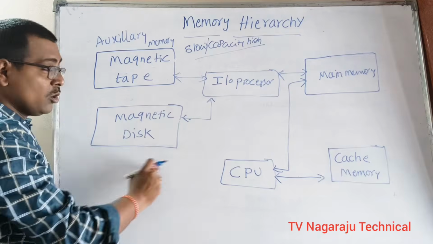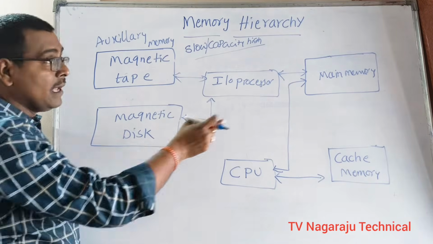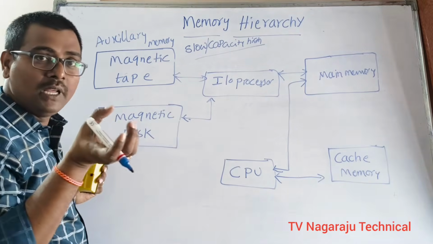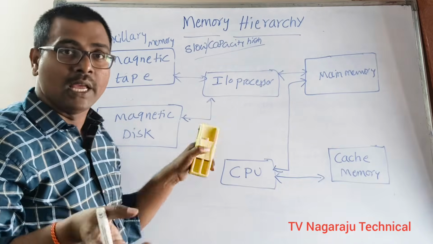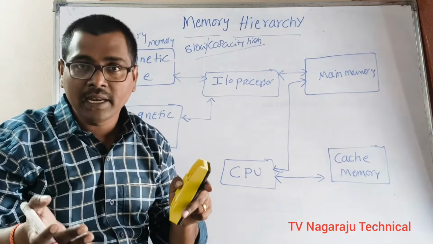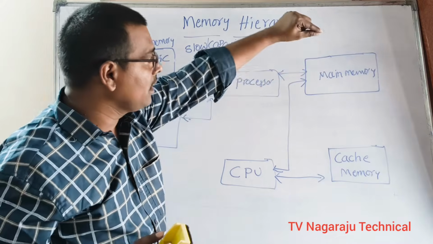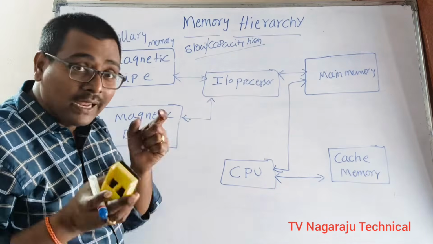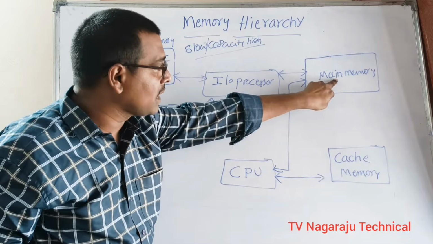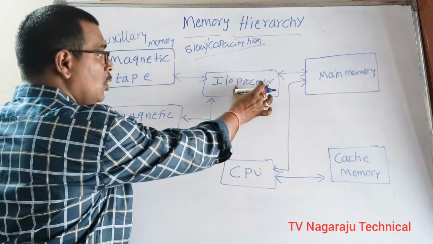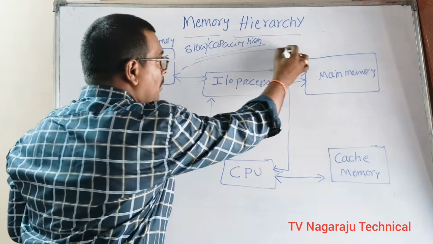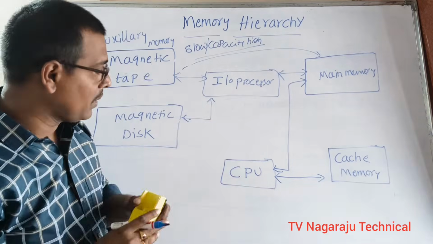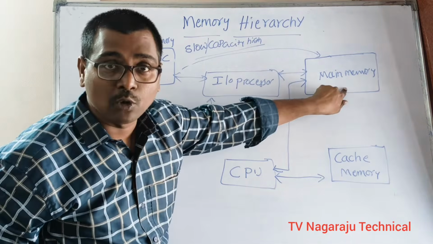Why? It stores all the backup data. Here the capacity of the main memory is very low compared to this. It is unable to store the entire data. So only the currently running program is placed inside the main memory. If right now my required data is not available in the main memory, through the IO processor it copies the data into the main memory and CPU does the execution.